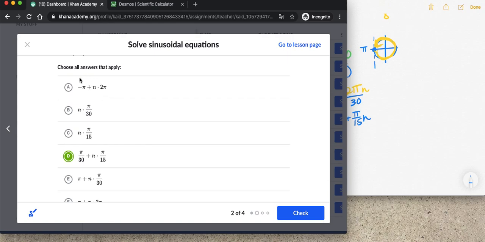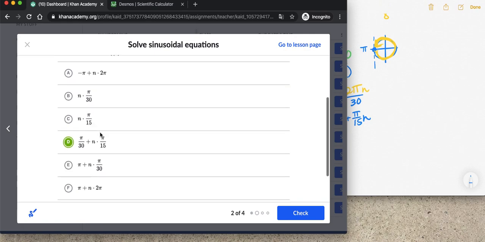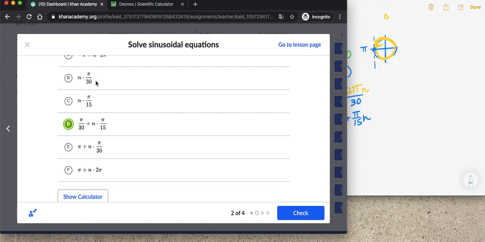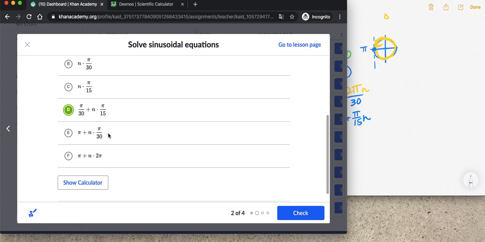Negative pi would have been correct, but it wouldn't be plus 2 pi. We would want it to be plus pi over 15. And these ones wouldn't necessarily account for that plus pi over 15. This one is doing plus pi over 30, so that one wouldn't work out. So yeah, I think we've got the only one.